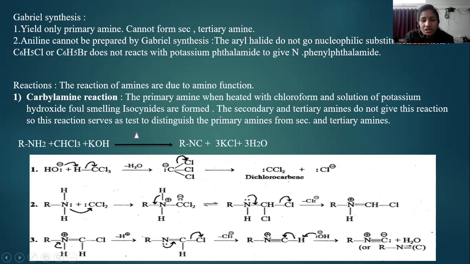We stabilize the positive charge by adding a base, which abstracts the more acidic proton present on the carbon atom. Then this hydrogen is removed by the base, and the carbon-hydrogen bond breaks. These electrons migrate to the carbon atom. The carbon atom has a negative charge, and we form R-N triple bond C plus H2O. That is the isocyanide.